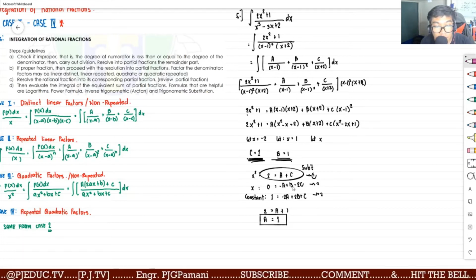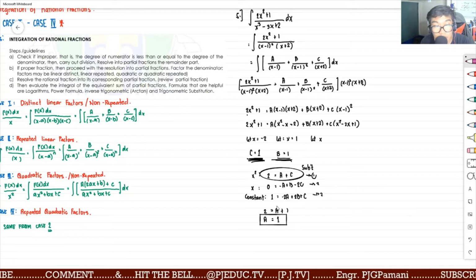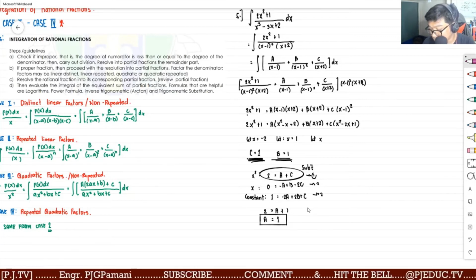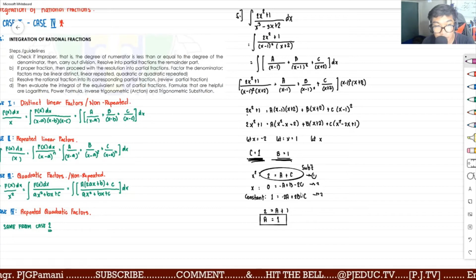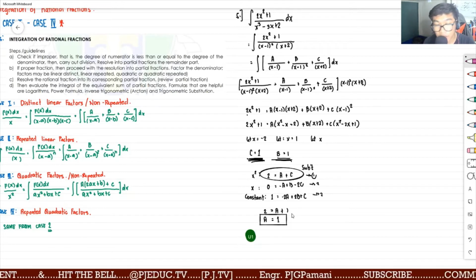Negative 1 plus 1 minus 2 times 1. Tama ba? 0 ba yun? Negative 2, 1 plus negative 2b plus 1 is 1. So, for instance, na-solve na natin yung ating partial fraction, a, b, and c. Substitute na lang natin dun sa ating main equation.